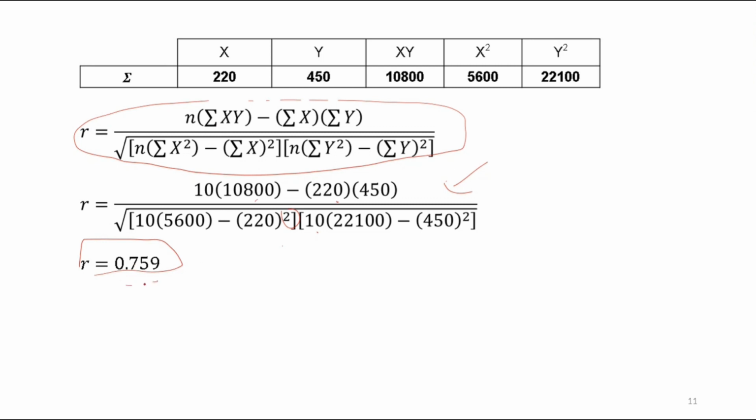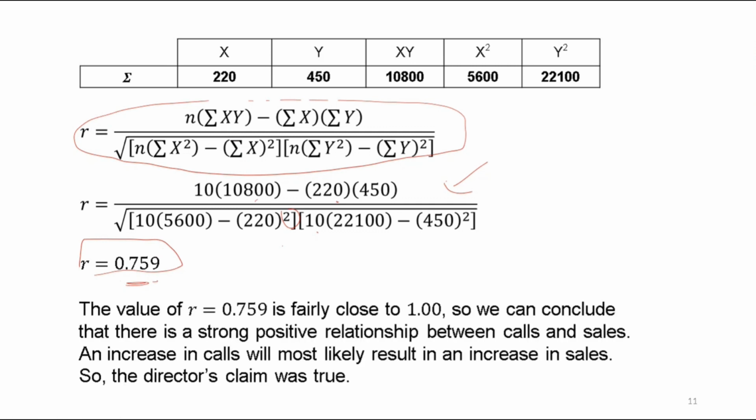Compare with the summary table. Since this value is fairly close to 1, we can conclude that there is a strong positive relationship between calls and sales. So an increase in calls will most likely result in an increase in sales. So the director's claim was true.